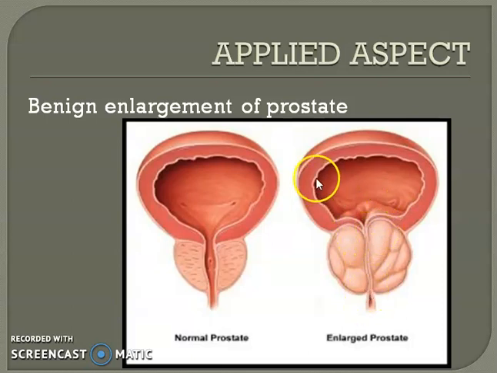And that's why whenever the patient exerts more pressure, there is decreased urine output. And in this diagram, you can also see the distortion of the prostatic urethra, which is again hampering the outflow of urine.